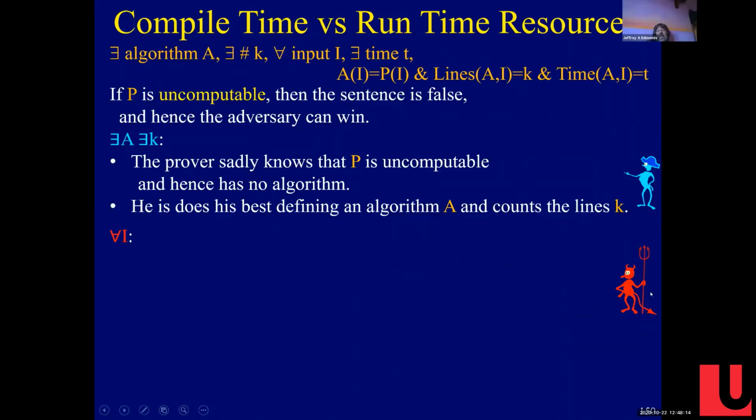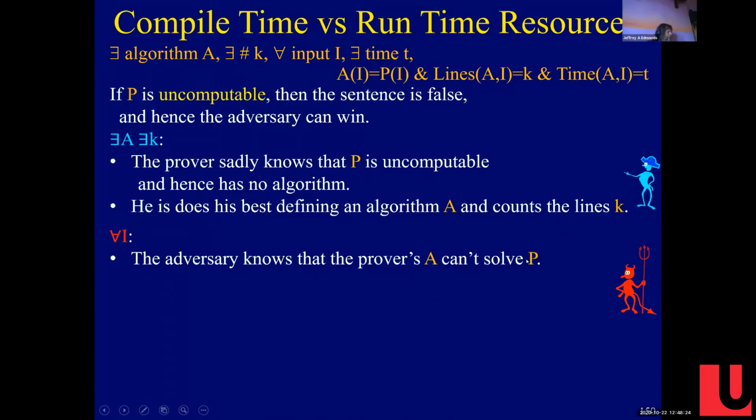And then the adversary is chuckling. The adversary is very happy. He knows that P is uncomputable, so he knows that the algorithm A doesn't solve P on every input. Now, A might solve P on some inputs, so the adversary can't completely be lazy. The adversary has to find some input on which it doesn't solve the problem.